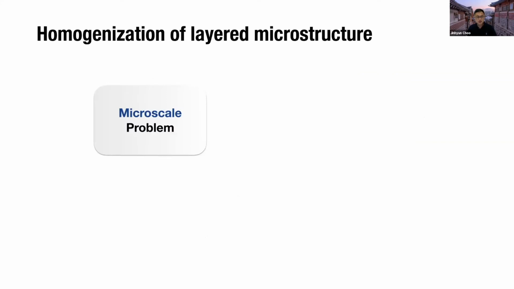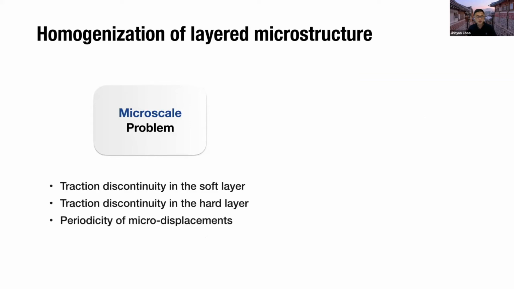More specifically, we solve the micro scale problem, which consists of three coupled governing equations, namely traction discontinuity in the soft layer, traction discontinuity in the hard layer, and the periodicity of micro displacements.